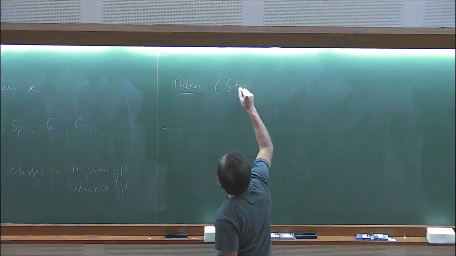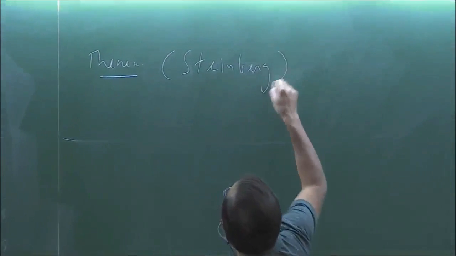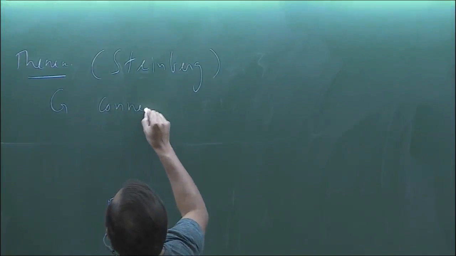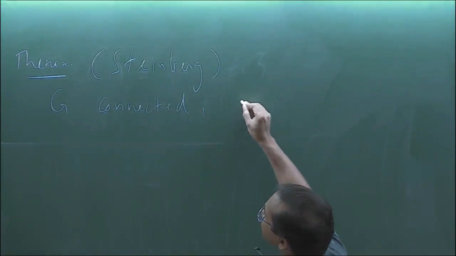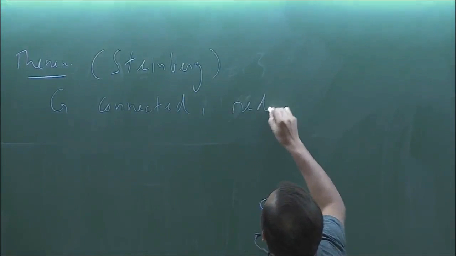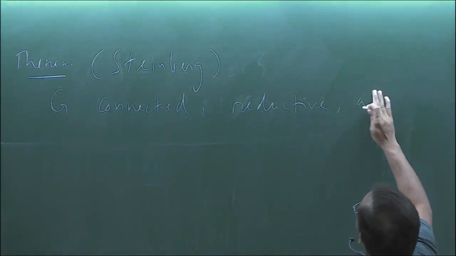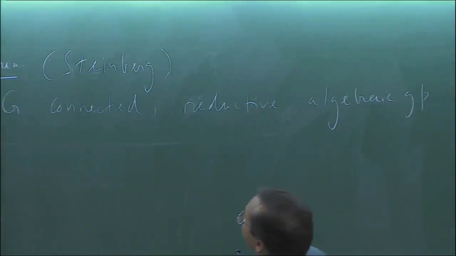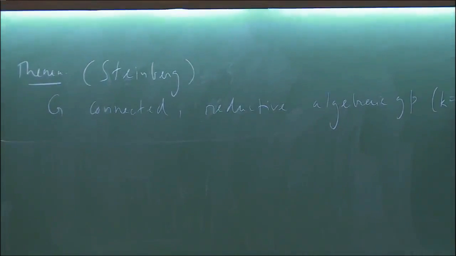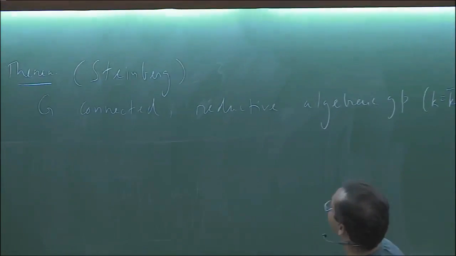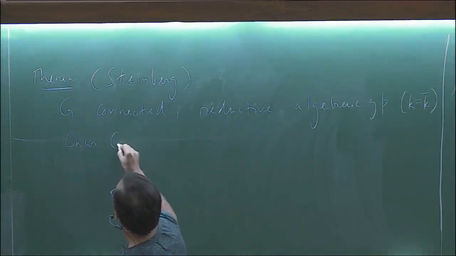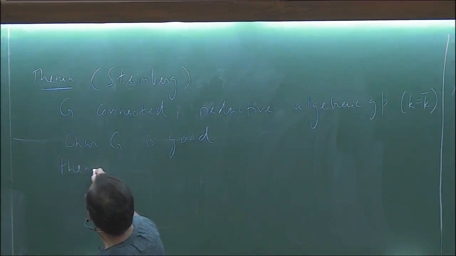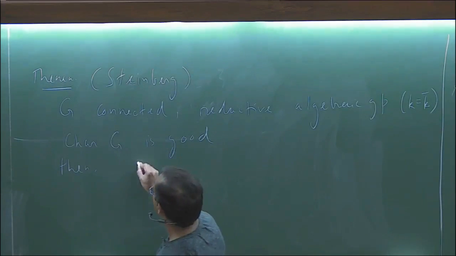The theorem of Steinberg is that if I take G a connected reductive algebraic group, over an algebraically closed field, and suppose the characteristic is good, then there are finitely many G-classes.